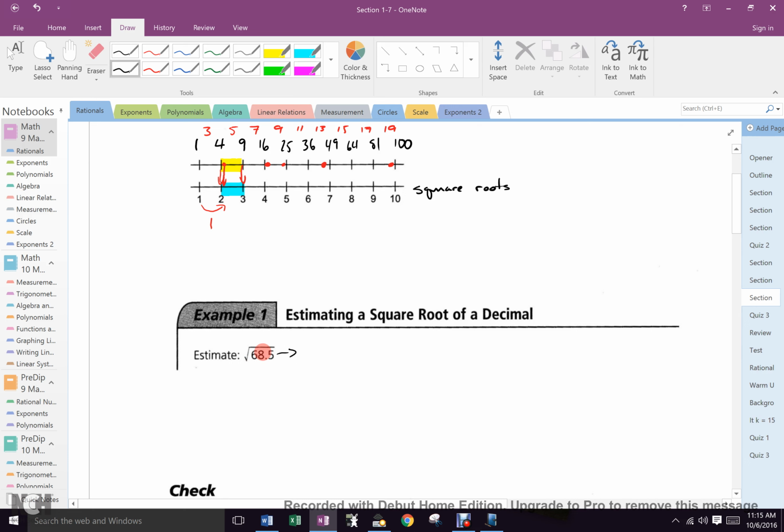It's got an odd number of decimal places, right? So right away I know that's not right. So I say to myself, self, what is perfect and close to 68.5? So let's go up to our list. It has to be perfect. Look at the list we just made.